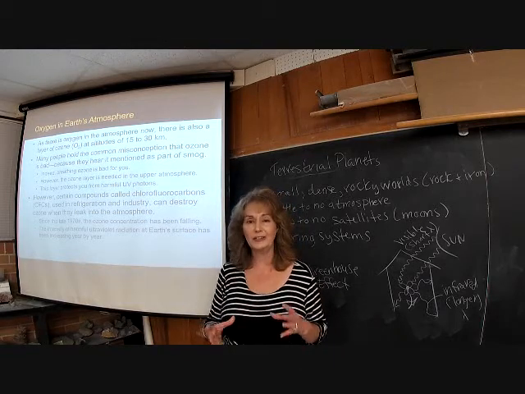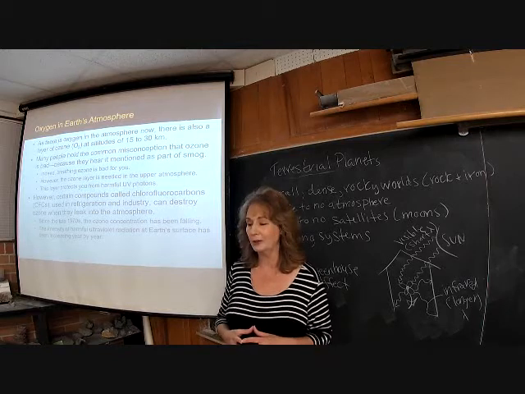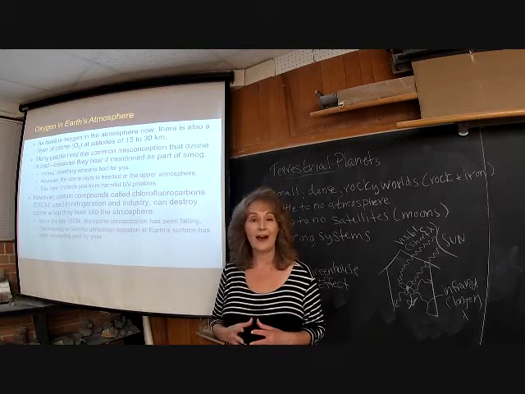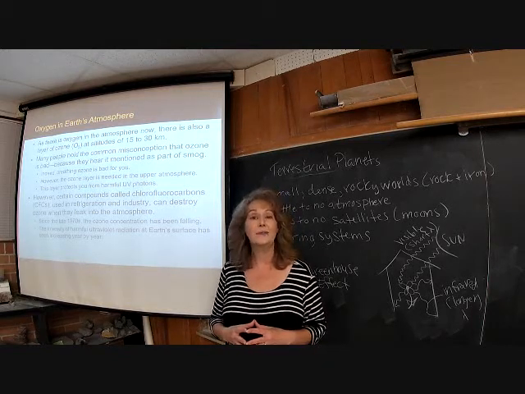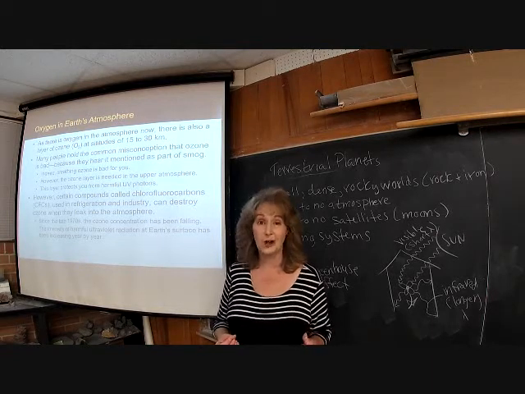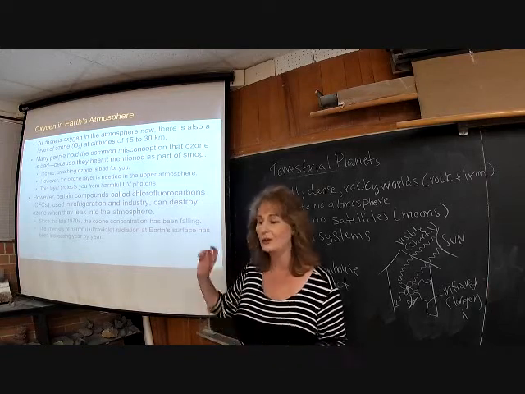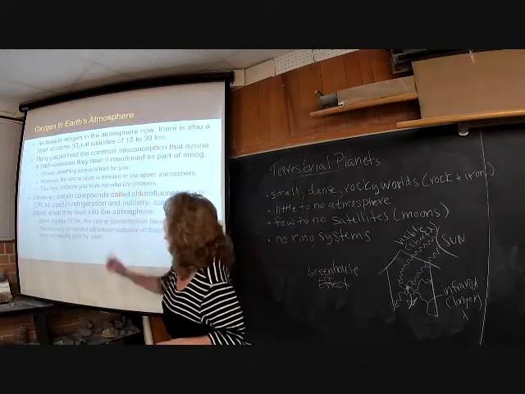So oxygen is O2, right? A diatomic molecule. But we also have, thankfully, a layer of what we call ozone, a triatomic molecule of oxygen, so 3 oxygens, an O3 up there.